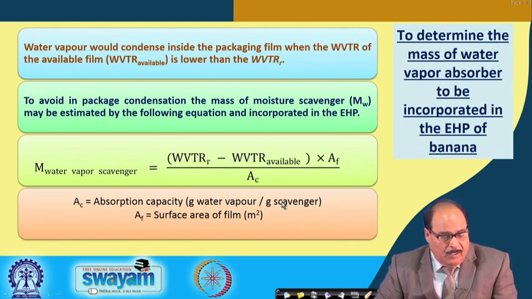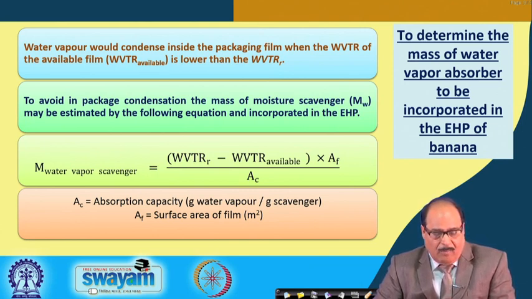AF is the surface area of the film in square meter, and AC is the absorption capacity, gram water vapor per gram of the scavenger.